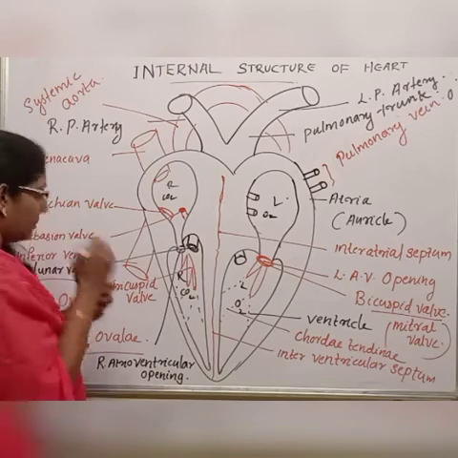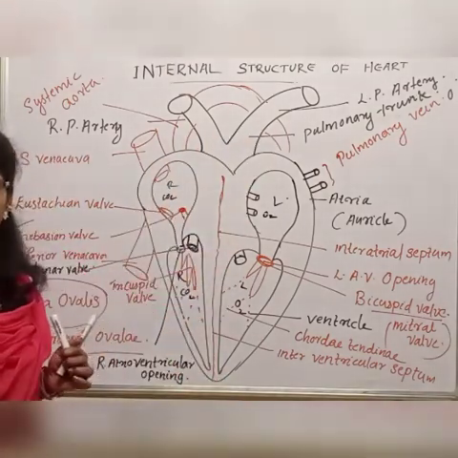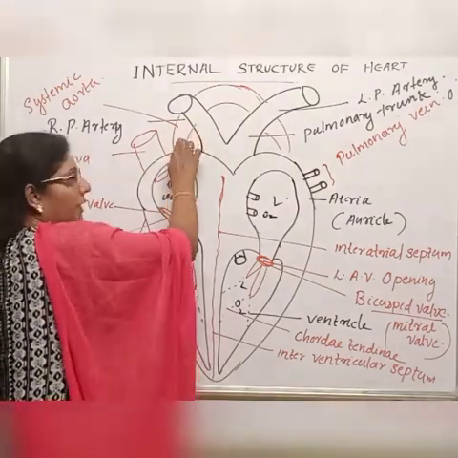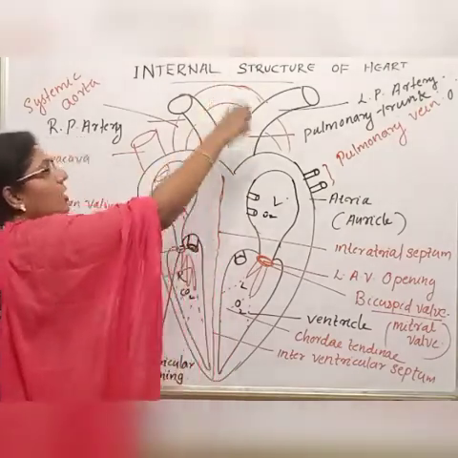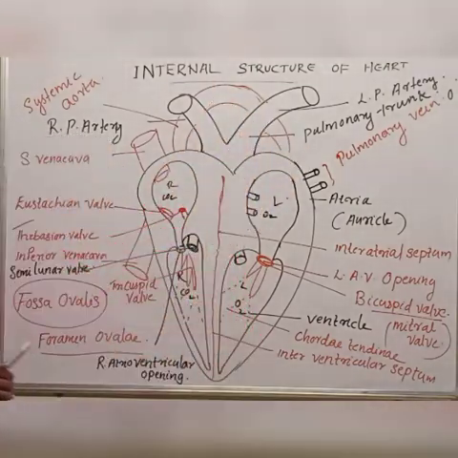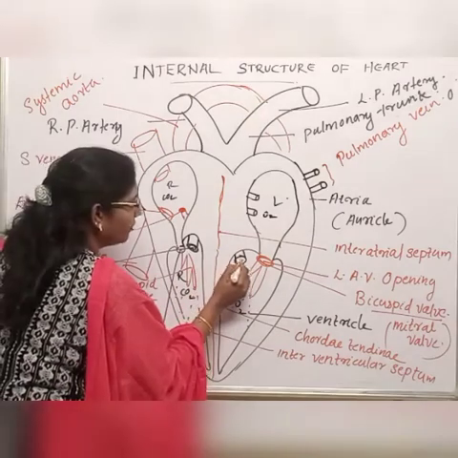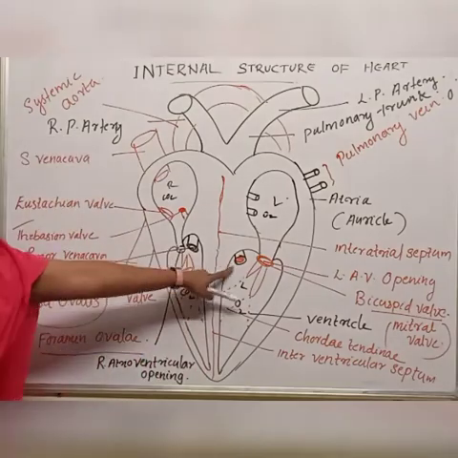Now the systemic aorta has three regions that we already studied in the external structure: the ascending aorta, then this portion the aortic arch, and this one the descending aorta. Here also the valve is there, in the systemic aorta.